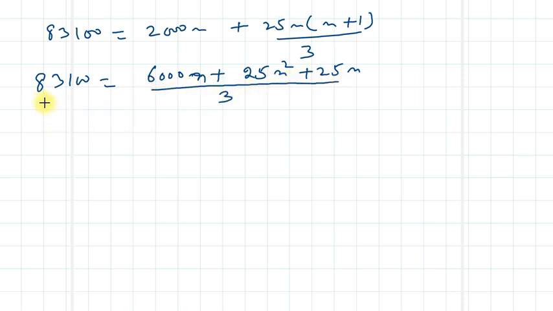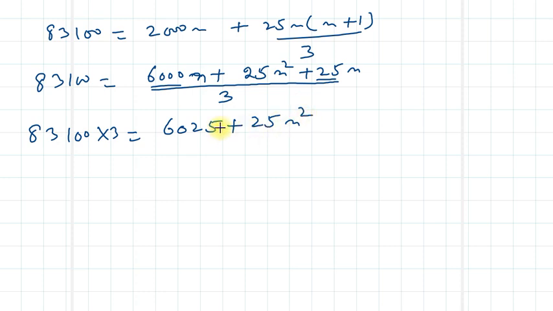So cross multiplying, now this will become 83100 into 3 equal to 6000n plus, so this would become 6025n plus 25n square, right?